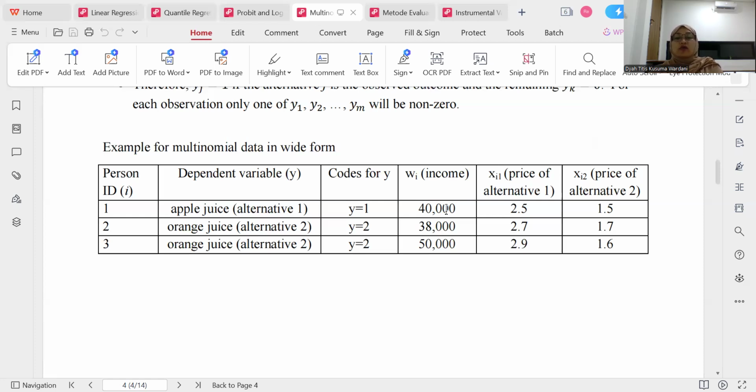The income is 50,000, the price of alternative 1 is 2.9, and the price of alternative 2 is 1.6. So here we can illustrate the multinomial data with alternatives 1 and 2.